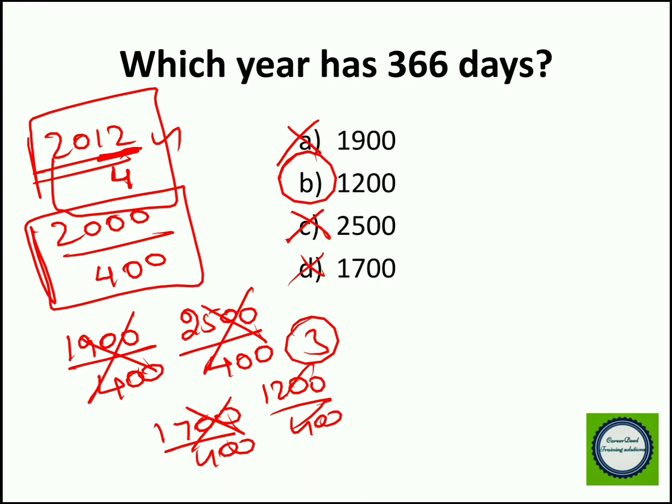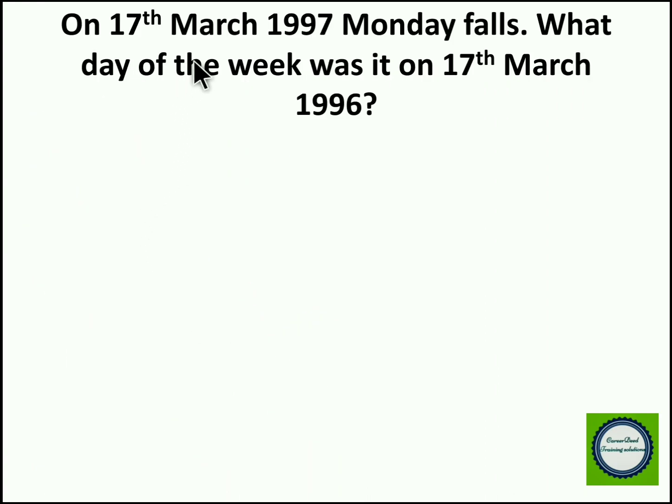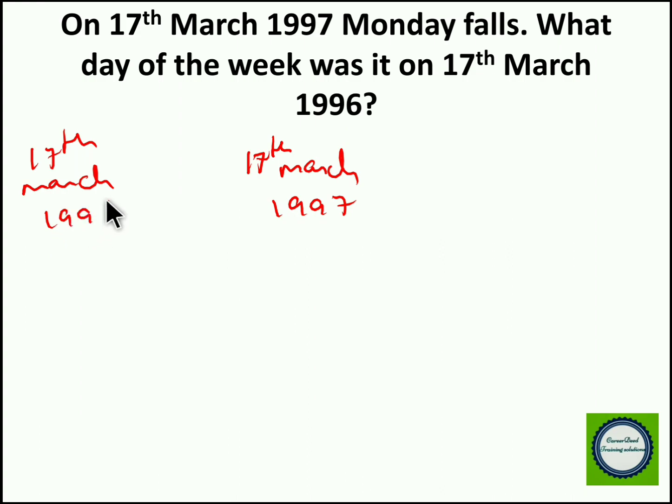Moving to question number 9. On 17th March 1997, Monday falls. What day of the week was it on 17th March 1996? So the given data is 17th March 1997. What we have to find is 17th March 1996.